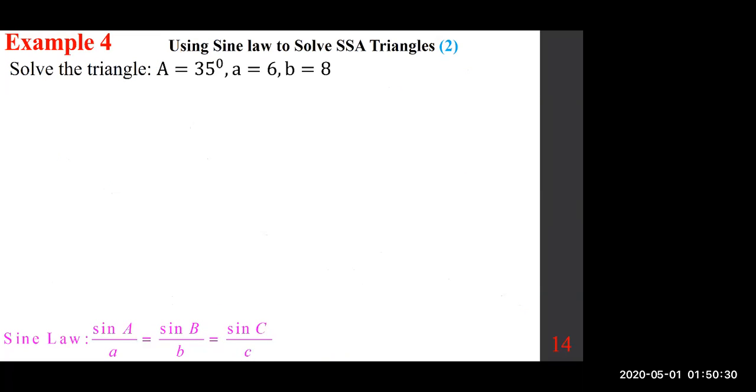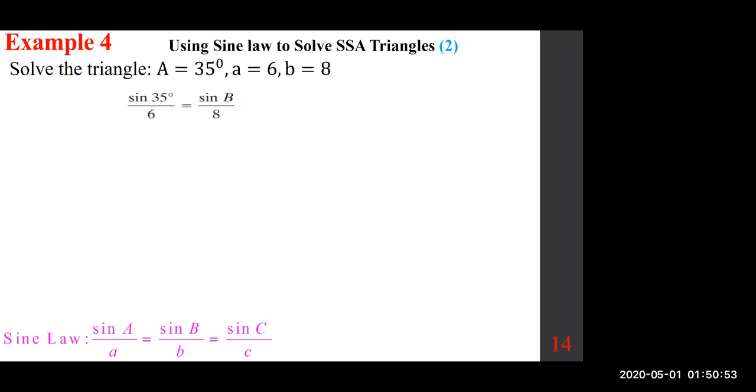All right. Now we want to solve this triangle, okay? And the sides are given as 6 and 8. And obviously we can use the sine law.